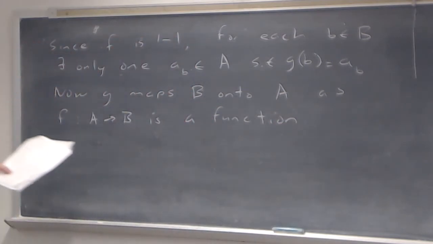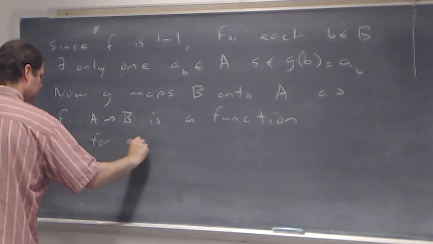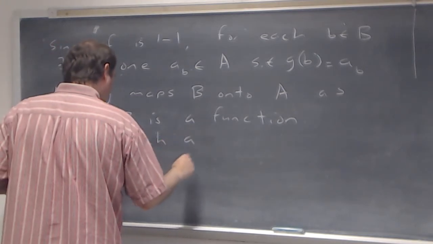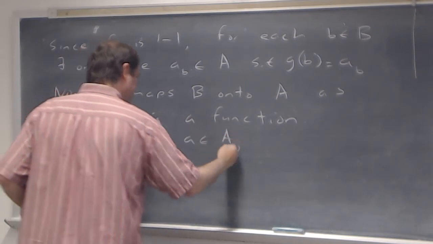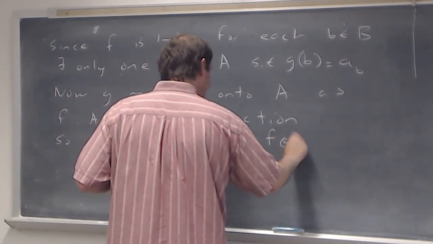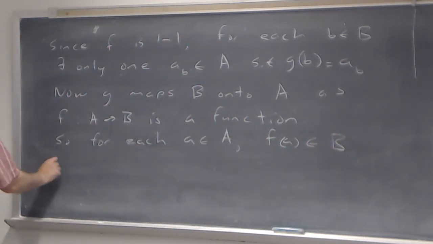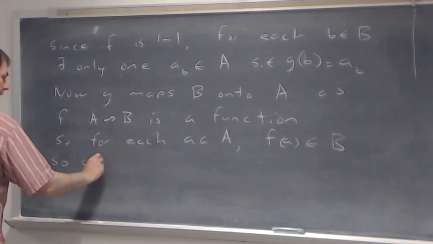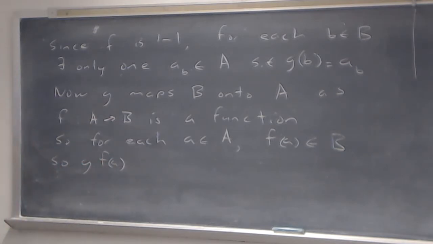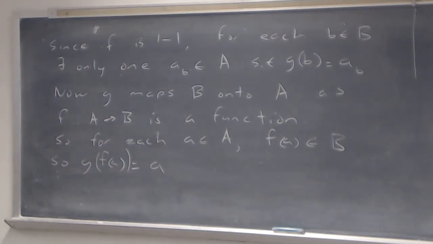So what we mean by this is, for each little a in A, f of a is in B. So g of f of a equals a.